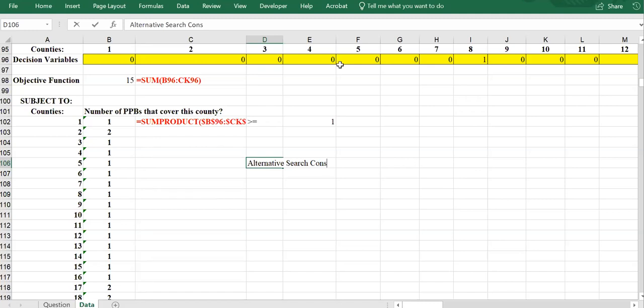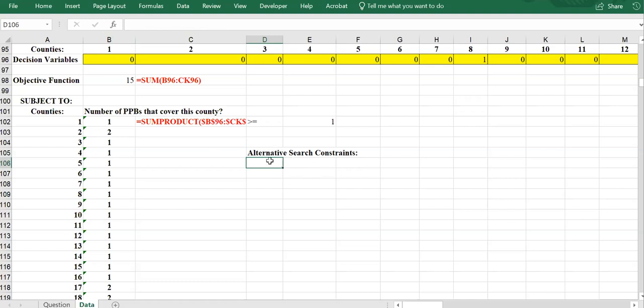So it's guaranteed. Adding the alternative search constraint is definitely going to give us an alternative solution if it exists.